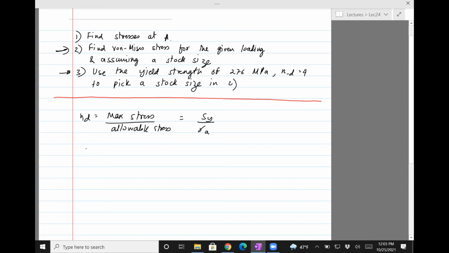So ND is 4, SY is 276 times 10 raised to 6, divided by sigma A. We can solve for sigma A, and that comes out to be a quarter of 276. So it's 69 times 10 raised to 6 pascals, or if you like, it is the same as 69 MPa.